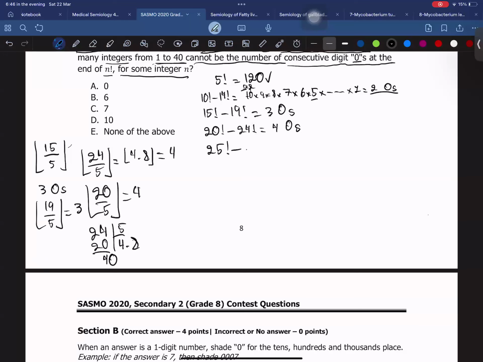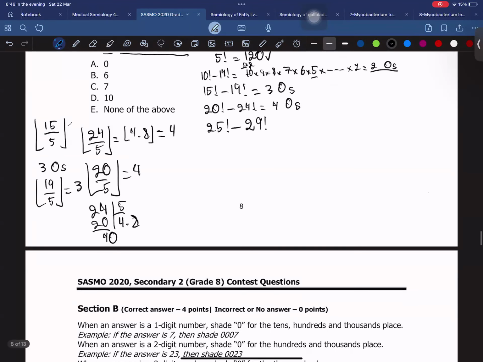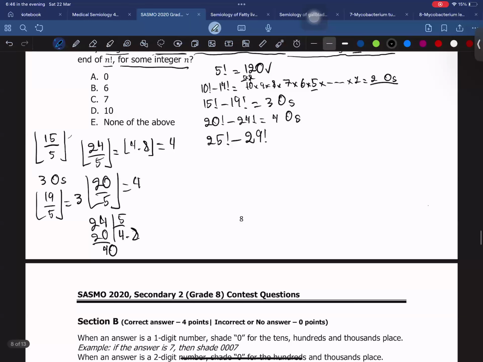From 25 factorial to 29 factorial, it's exactly the same as 20 to 24.